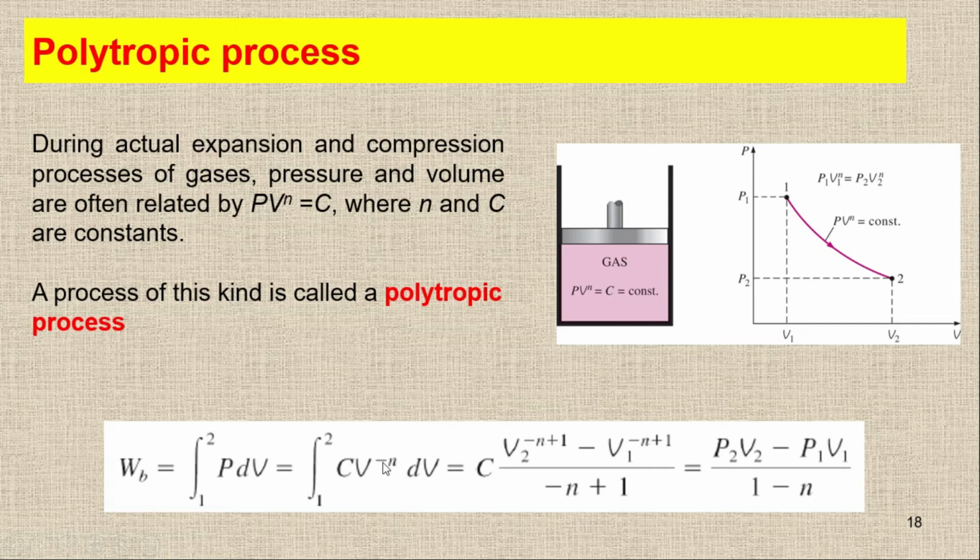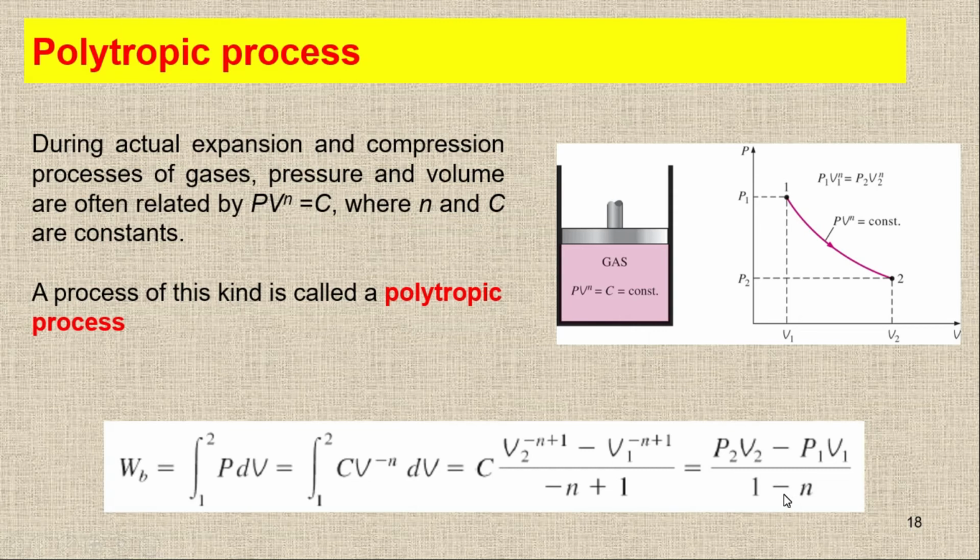So we have V^n dV. Because we have a power of n on V, I cannot write ln V2 upon V1. Rather I have to solve it, and finally I will get P2 V2 minus P1 V1 upon 1 minus n.